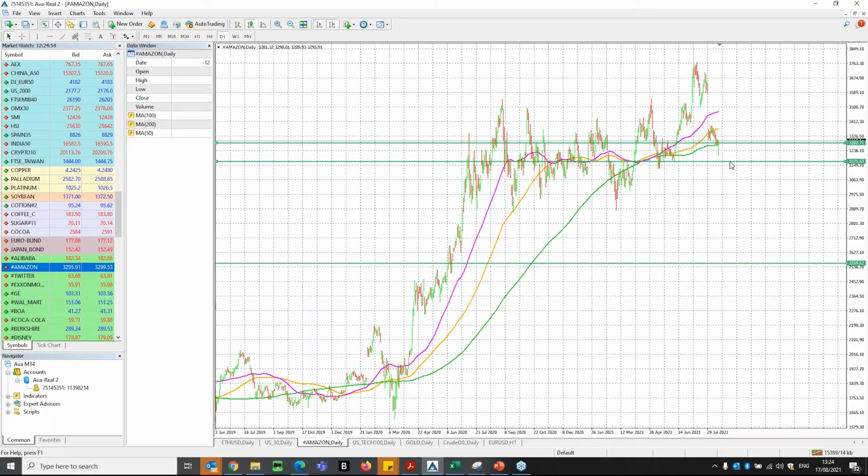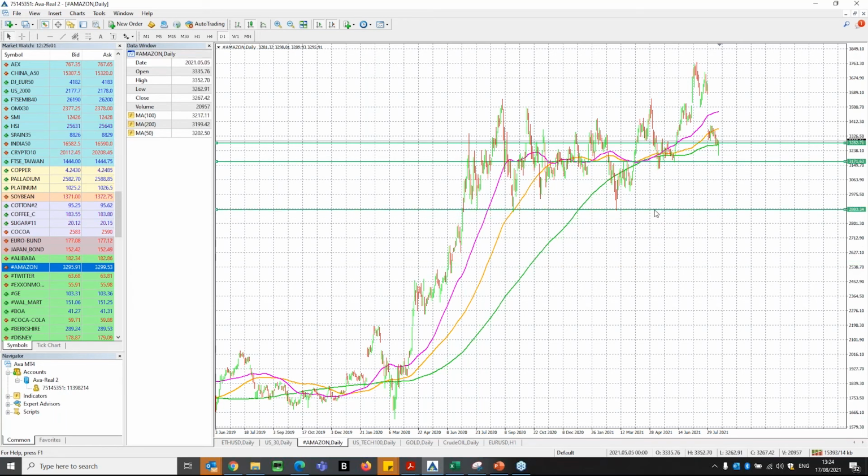Anywhere in between that is great. So this consolidation area could be your area of support number 1. If the price drops further, then our second area of support is going to be between 2,883 to 2,957. So this area is going to be our second area of support.